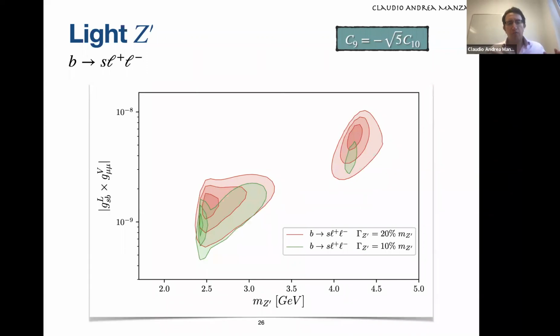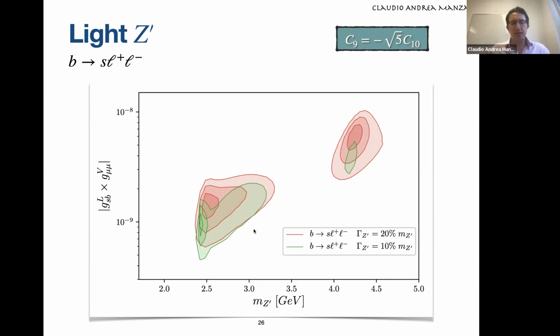So, once we have this fixed, we performed a global fit to B2SLL data, keeping this assumption. And what we found is that a Z prime with a width between 10 and 20% gives a good fit to data.